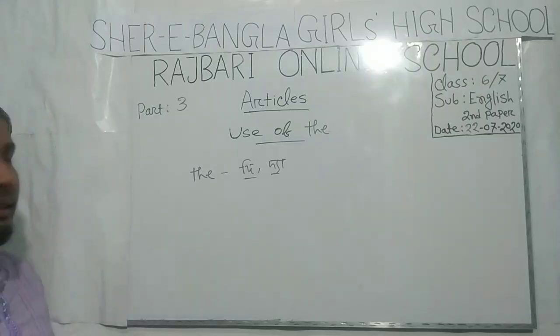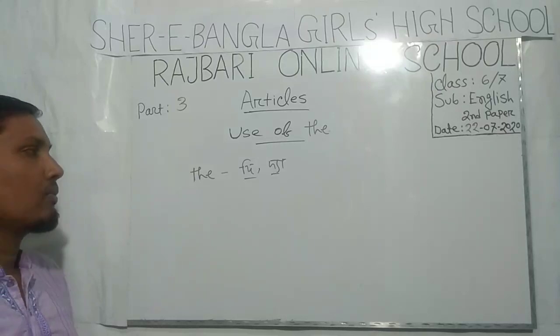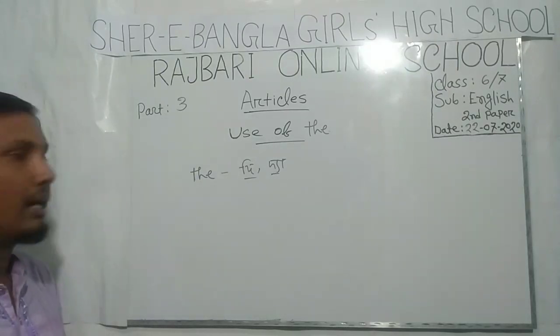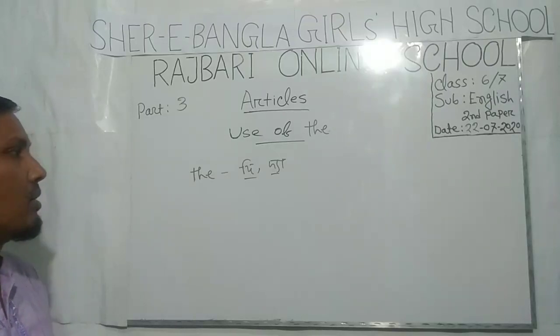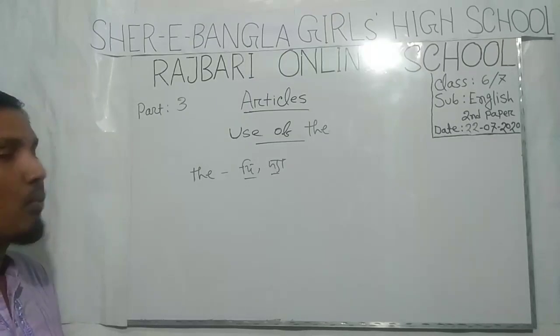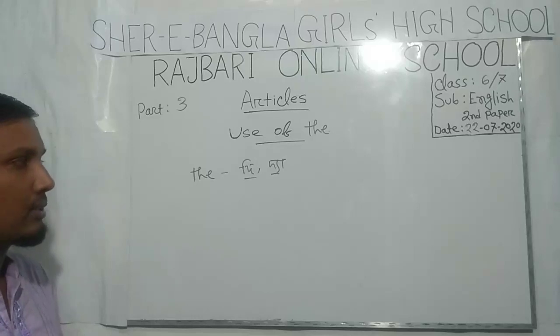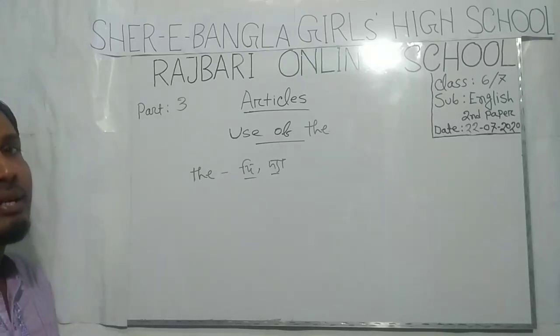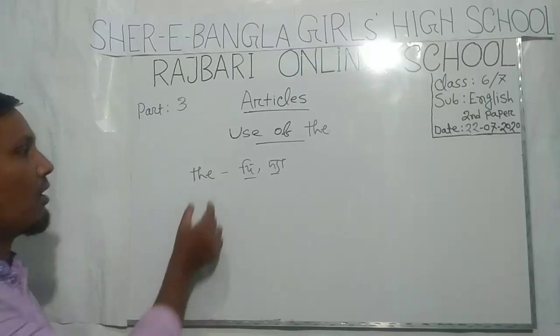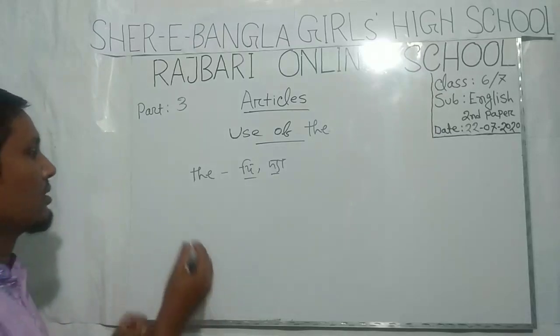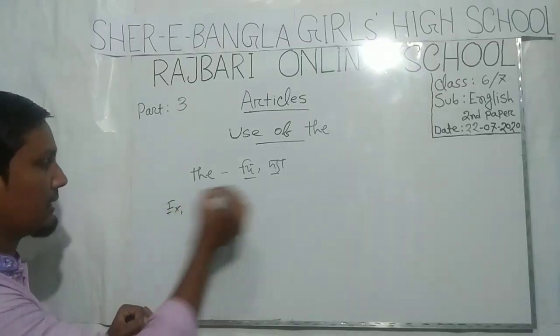You know that there are two types of letters, that is vowel letters and consonant letters. Okay, when you see a consonant word or a vowel word, you have to use a different pronunciation of the, that is "thuh" and "thee". Let's start to understand with examples.